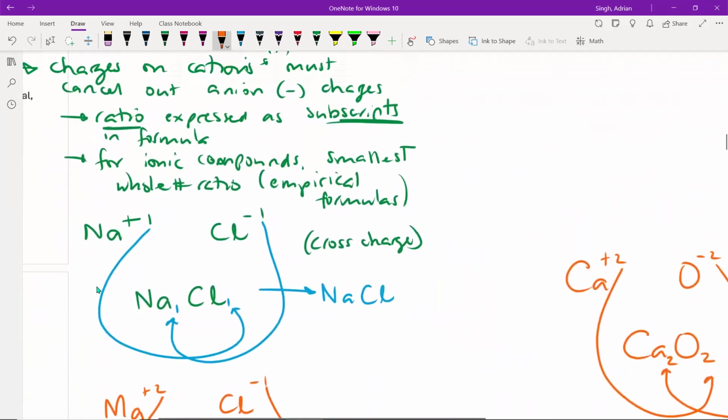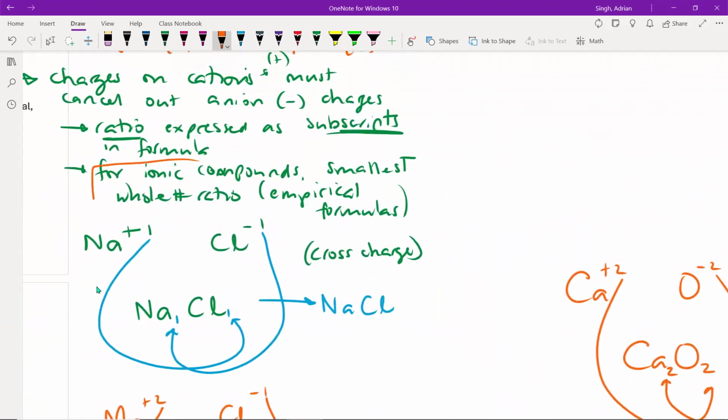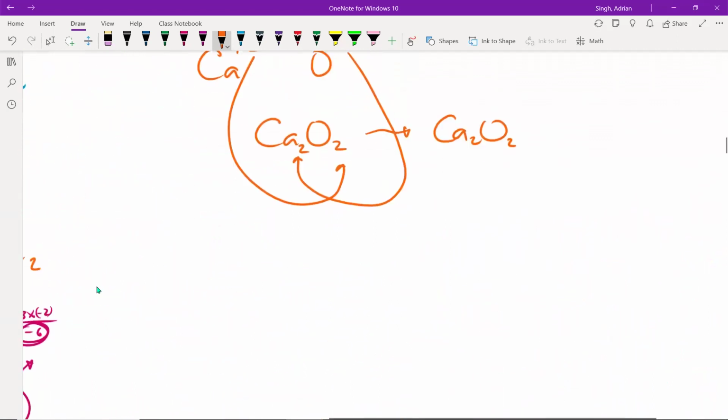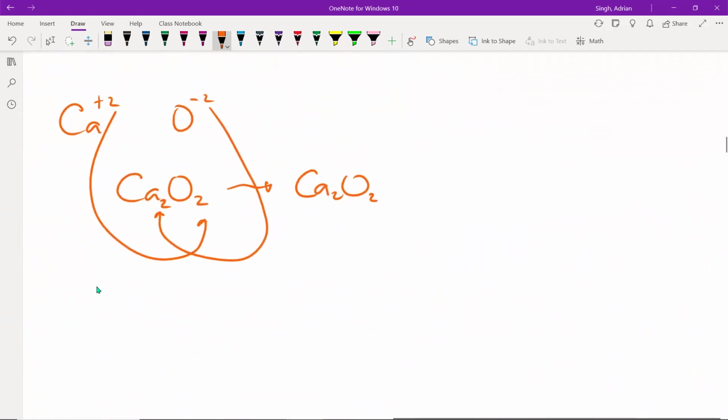And this is what we were saying before. When you come up with your ionic formulas, we want the smallest whole number ratio. I have here a ratio of 2 to 2. I can simplify this. 2 to 2 is the same as 1 to 1. I get that by dividing by the smaller of the two numbers, which in this case is 2.